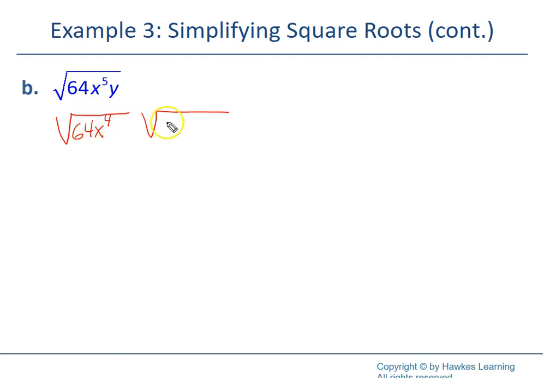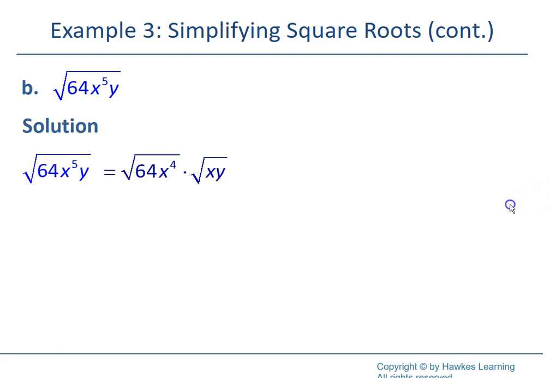Now we had one x left over that we'll put there, and of course the y goes there. So now this is a perfect square, 8 x squared, the square root of xy. Good technique.